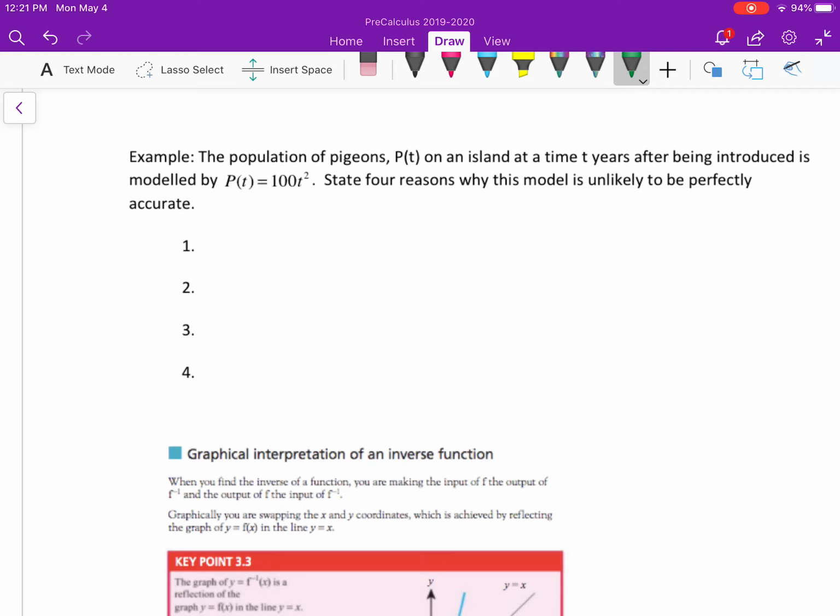All right, well, a couple things. If we were to plug in 0, we would get 0, which basically says there are no pigeons to begin with. So how can you have a model of a growth rate if you don't have a pigeon to start with?